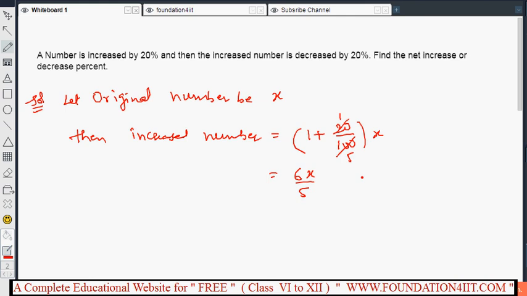Now the increased number is decreased by 20% again. So up to now the increased number is this.